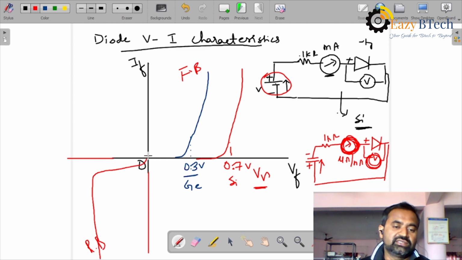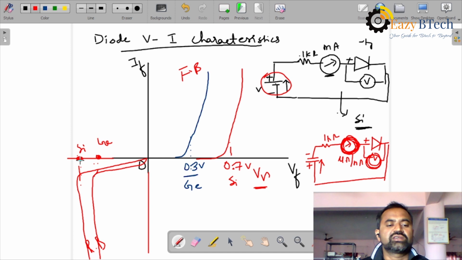Practically, if you see like this, you will see the linearity region can take place in reverse. This is for germanium, and this is for silicon. These voltages are known as breakdown voltage. This we will call as a breakdown voltage.